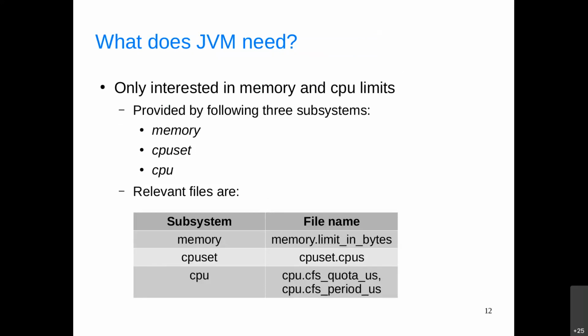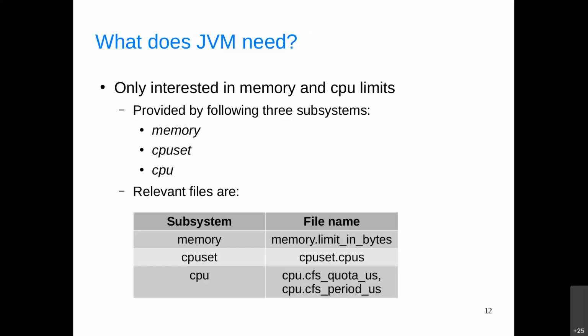which are relevant for getting this information are memory.limit_in_bytes, which is present in the memory subsystem and gives you the upper limit on the memory usage of the processes belonging to that C group. Then there is a cpuset.cpus file in the CPU set subsystem, and it tells you the set of CPUs on which the process can run.